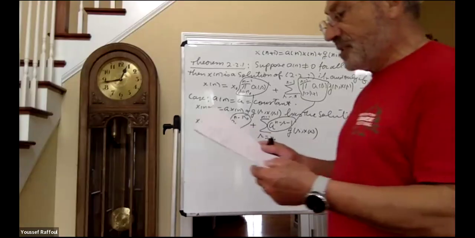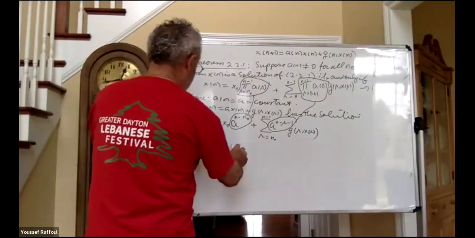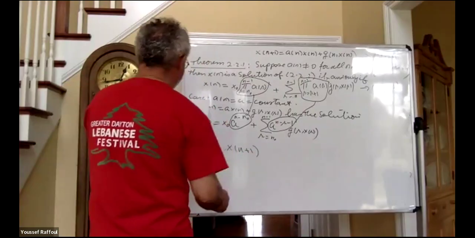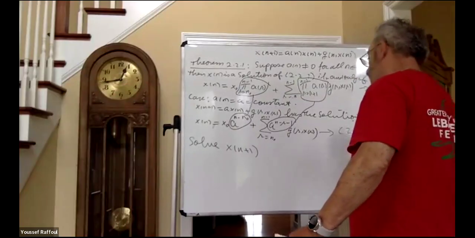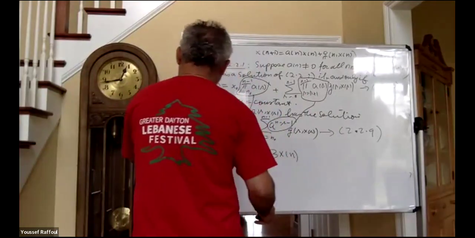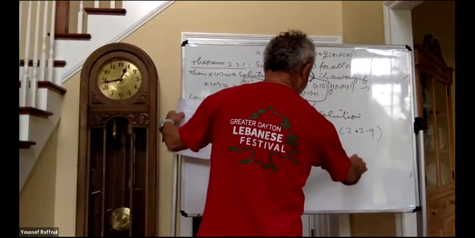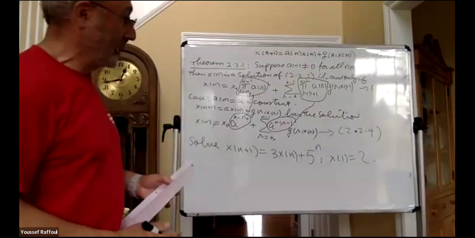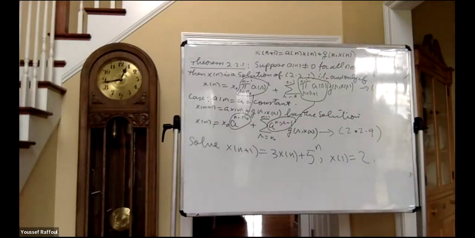Okay? All right. So let's do an example. Solve xn plus 1. By the way, this is 2.2.9. Okay? Xn plus 1 equal to 3 xn plus 5 to power n with x of 1 equal to 2. Any questions?